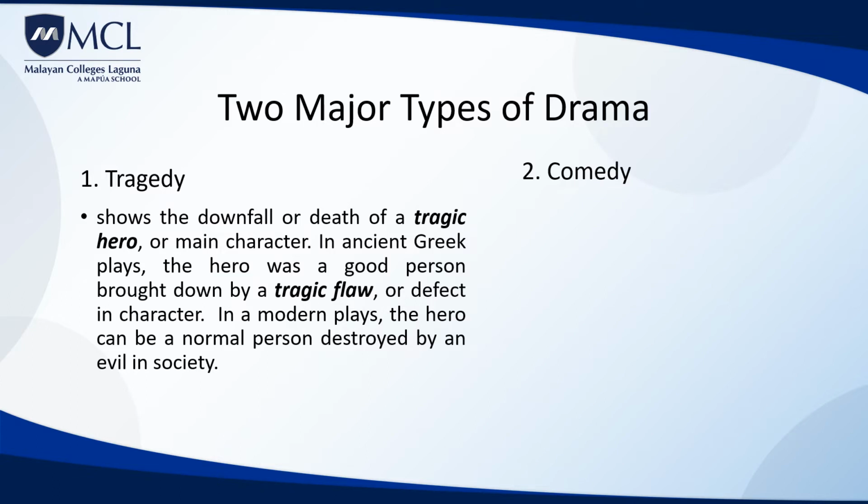In ancient Greek plays, the hero was a good person brought down by a tragic flaw or a defect in character. In modern plays, the hero can be a normal person destroyed by an evil in society. The emphasis in a tragedy is usually human greatness, despite flaws or defects.